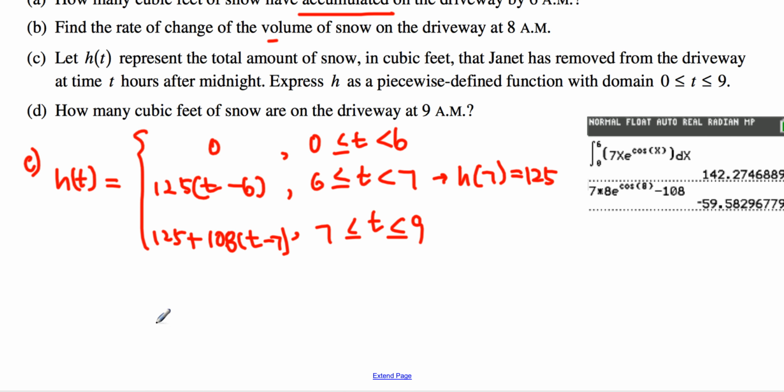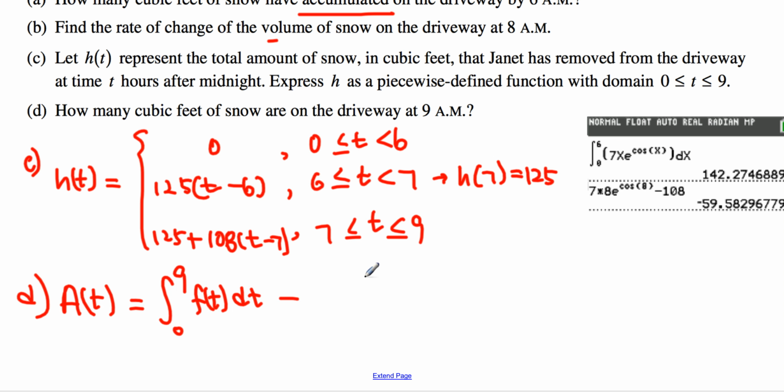So all we have to do is, why don't I just call the total amount A of t, would have been equal to the integral from 0 through 9 of f of t, that's how much snow is falling, and then subtracting the total amount removed, which is h of 9. Now we can calculate the first portion from the calculator.